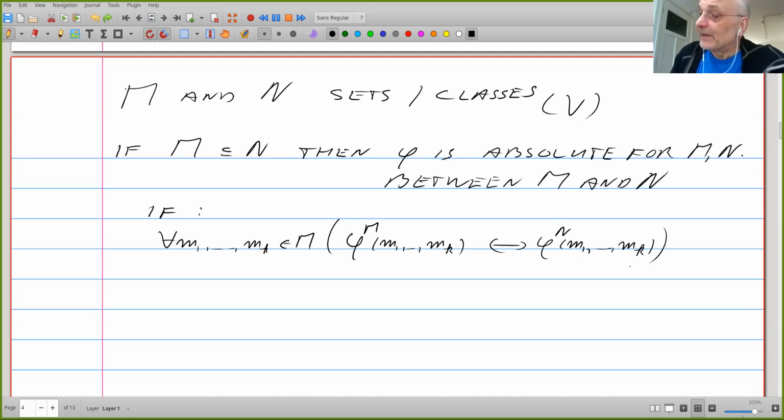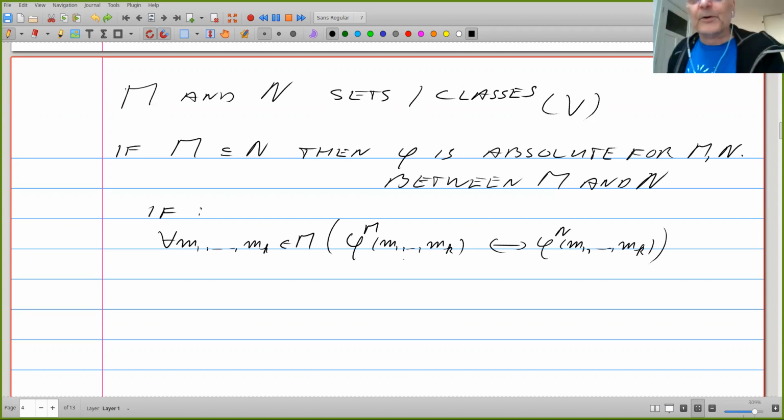What does this say? It says that if you have members of M, and you substitute those members, which are sets in themselves, for the variables in phi, then in the relativized version of phi you substitute the members of M and check whether you get a valid thing.